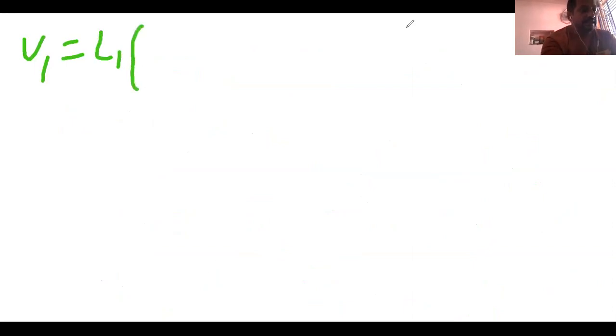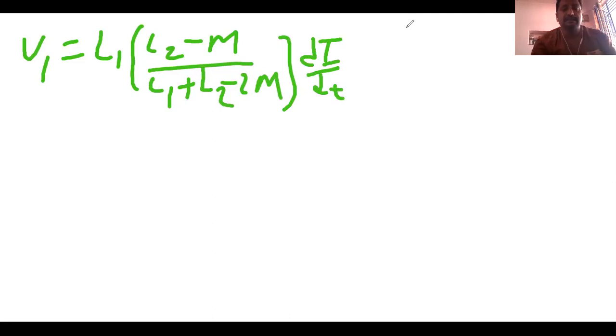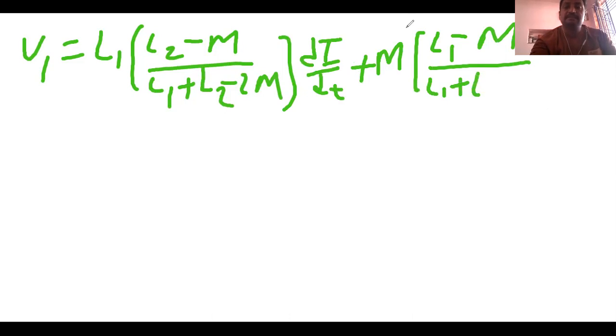Here (L2 minus M) divided by (L1 plus L2 minus 2M) into di by dt, and after that plus M into (L1 minus M) divided by (L1 plus L2 minus 2M) into di by dt.